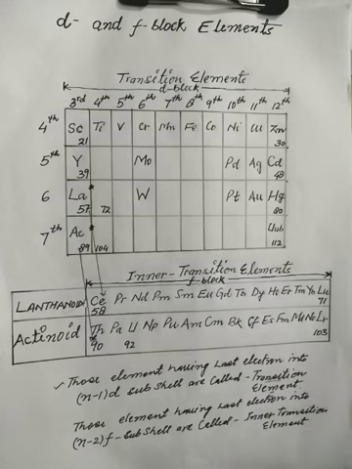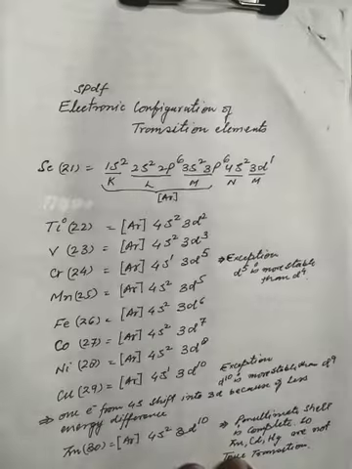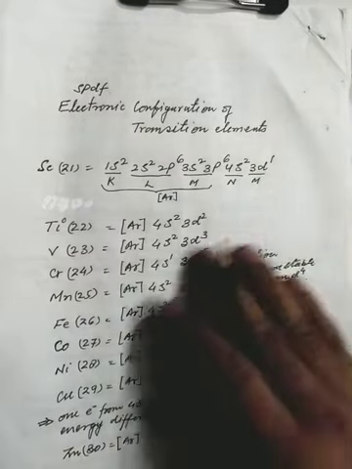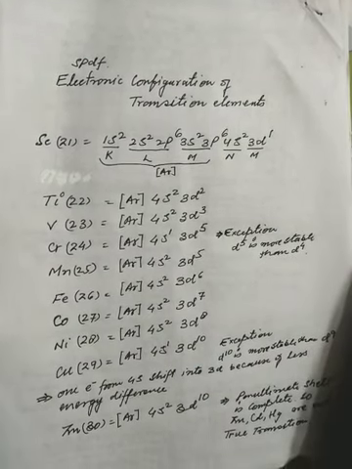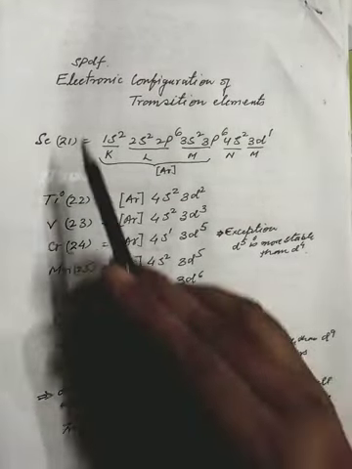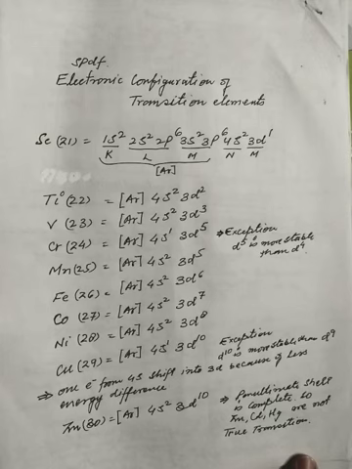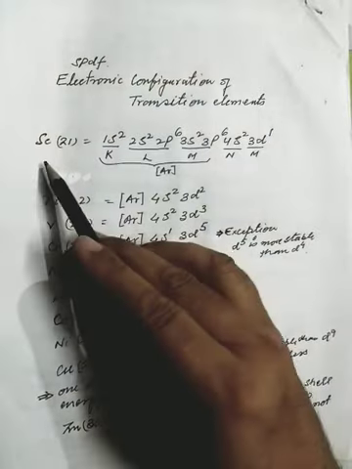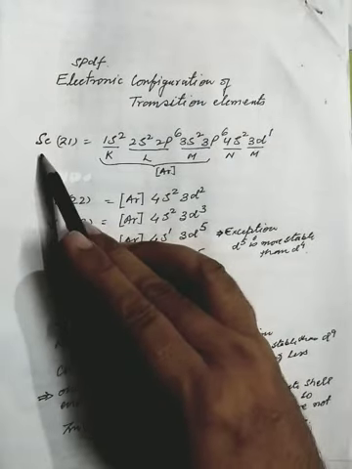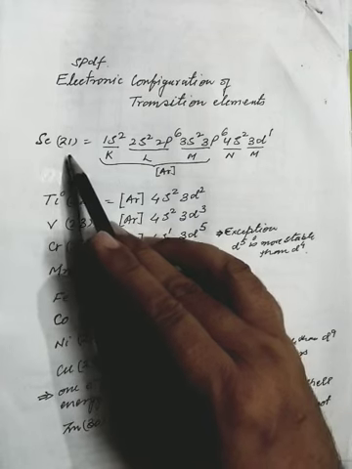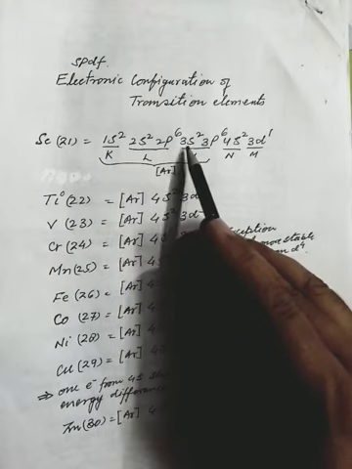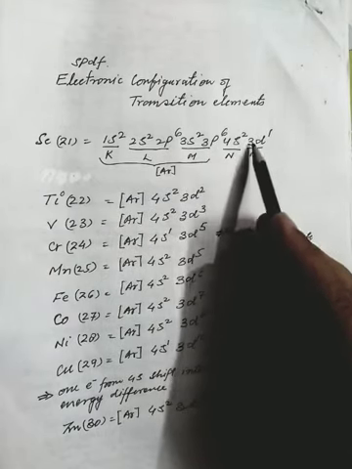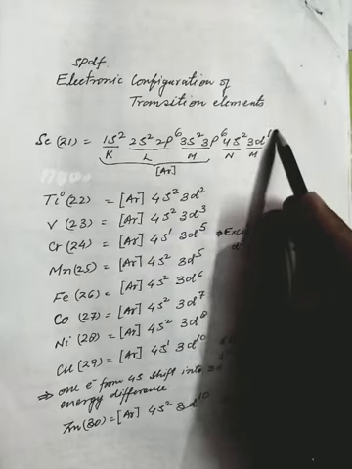Now we are going to know more about transition elements with the help of electronic configuration. Here the spdf electronic configuration is in front of you. For scandium, atomic number 21, the electronic configuration is 1s2, 2s2, 2p6, 3s2, 3p6, 4s2 and 3d1. So where is the last electron?